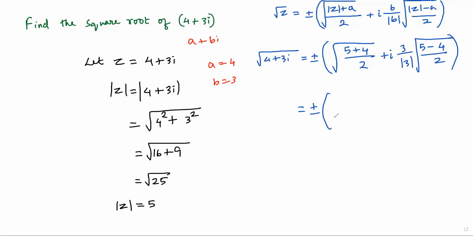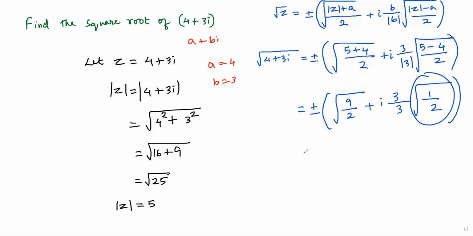Positive or negative, square root of 5 + 4 is 9 over 2, + i times 3 over absolute value of 3, which is just 3. Square root of 5 − 4 is 1, and we have 2 in the denominator, so we get square root of 1 over 2. If we take the square root of 9, it will be 3.